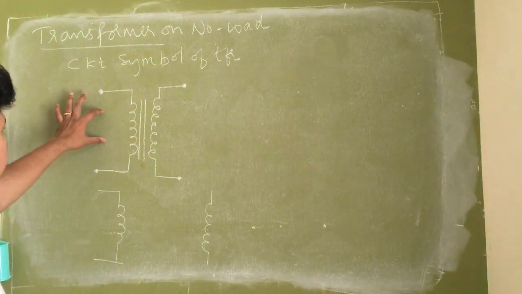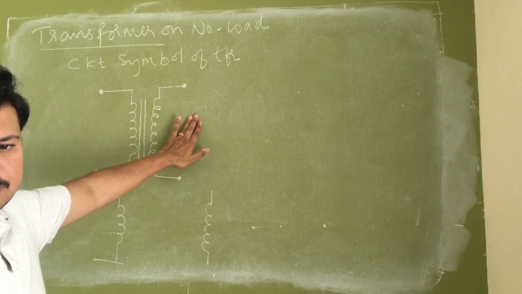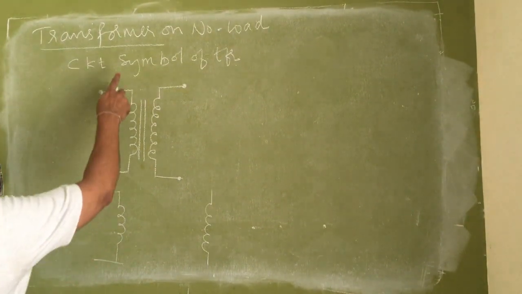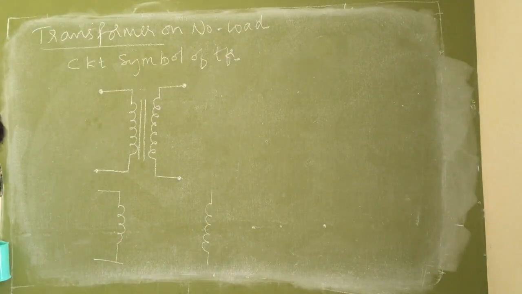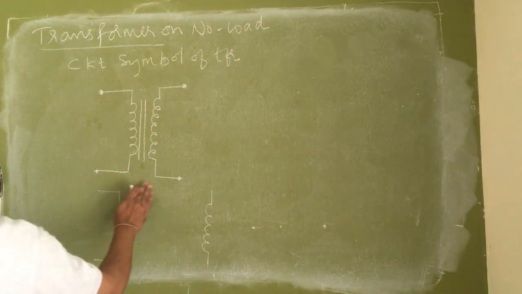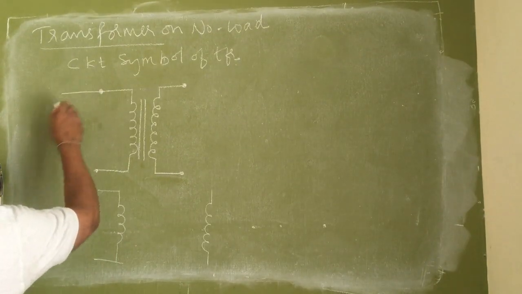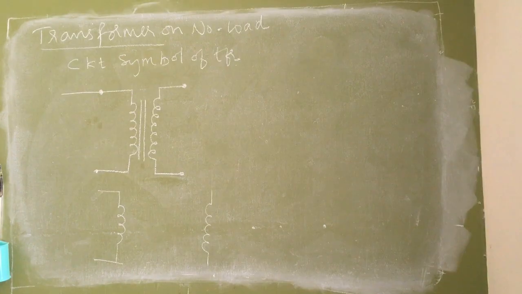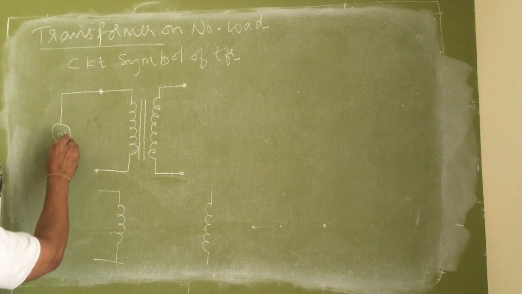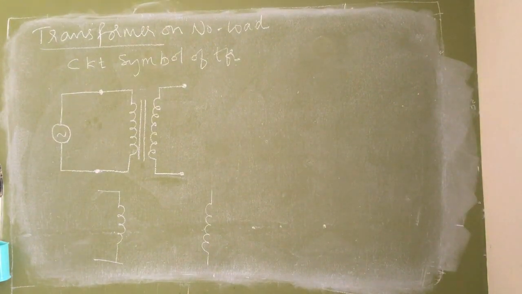Provided if I connect supply here and load here. Okay. If I connect supply here, it becomes primary, this becomes secondary. Okay. So I want to now study the transformer on no load condition. Even though the transformer is on load or no load, I will be connecting the primary supply to the transformer.